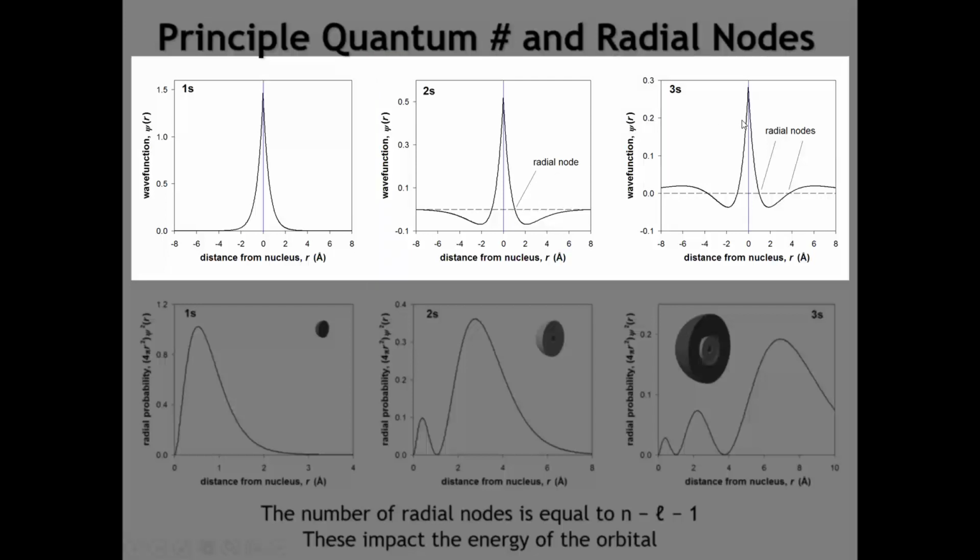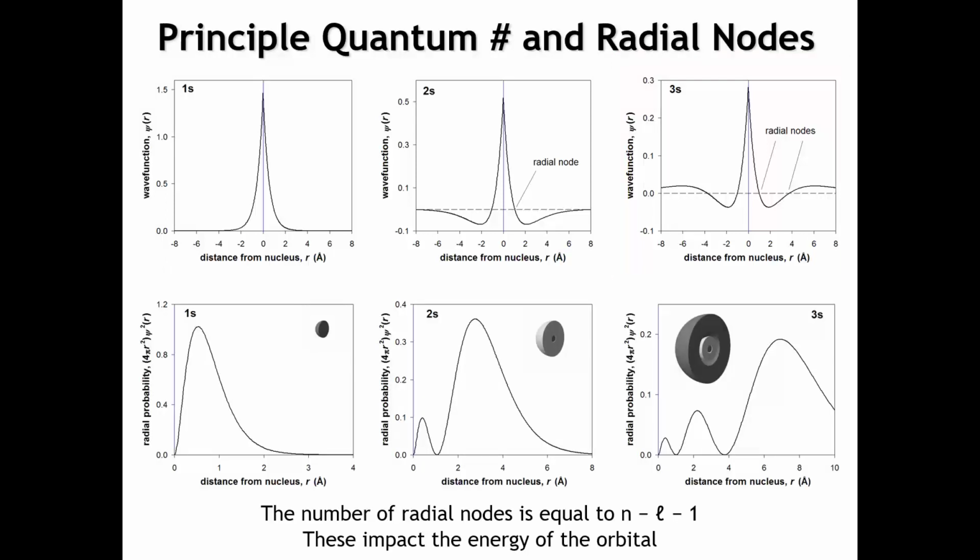And then for the 3s orbital, we see that the wave function starts positive at the nucleus, then becomes negative when it goes through this node, and then it has yet another node at a further distance where it becomes positive again. So the 3s orbital has 2 radial nodes.